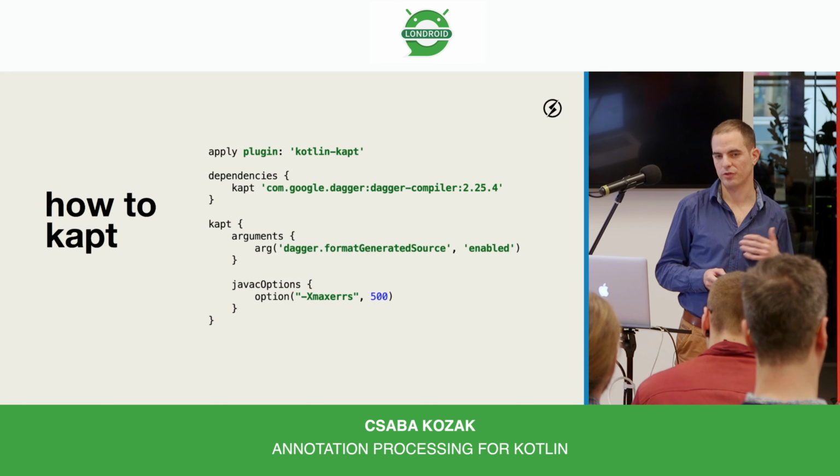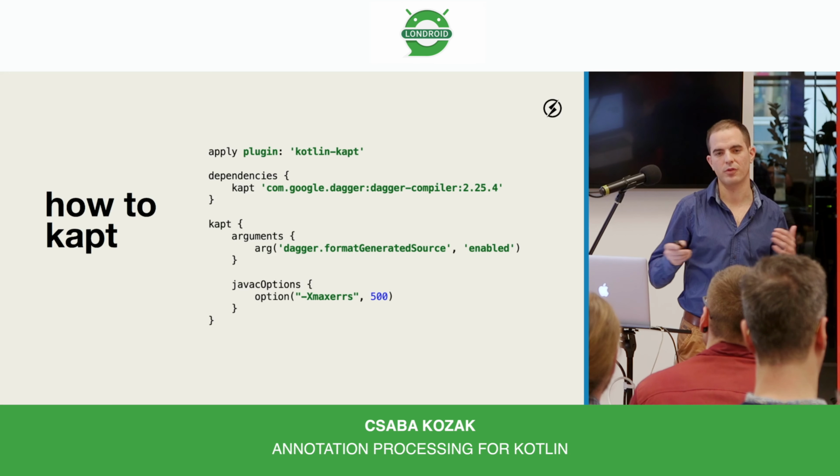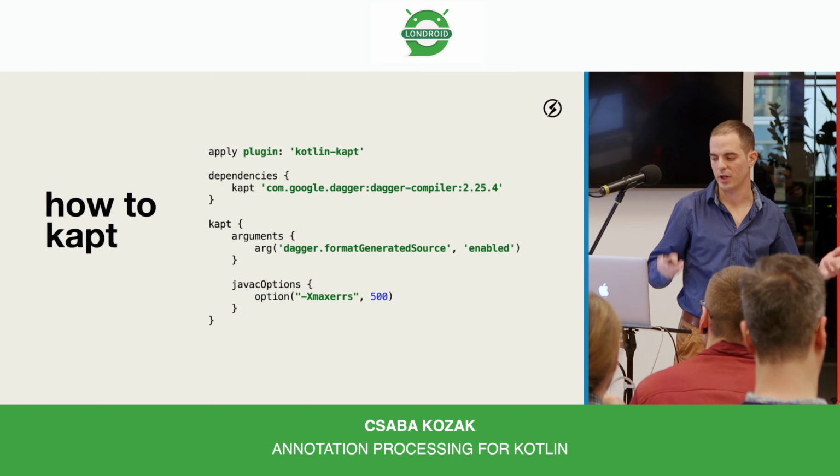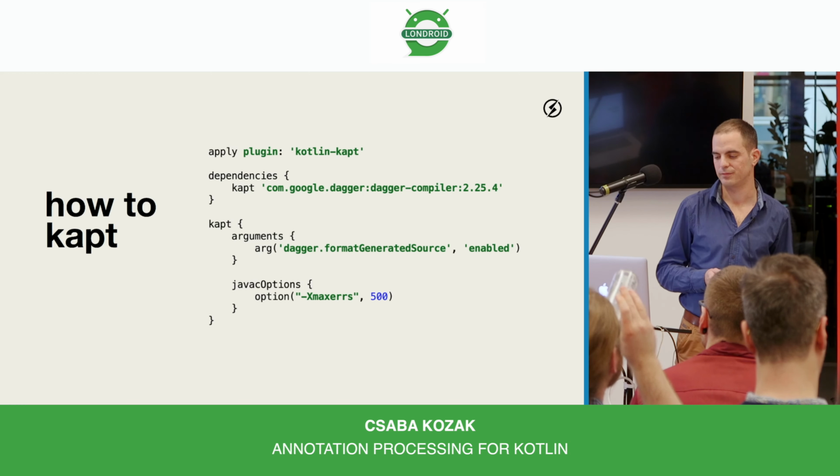Since annotation processors can generate lots of errors if something goes wrong, you should be able to see all of those errors. However, the Java compiler's number of errors is 100 by default, so you should raise that number so you can see all of the errors. You can actually use Int.MAX_VALUE here.